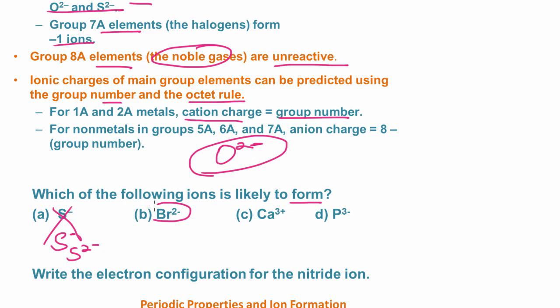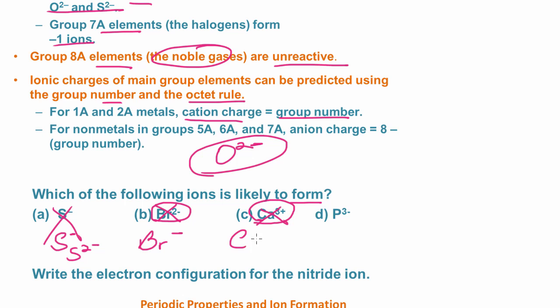Here we have a bromide ion, but with a -2 charge. It's in group 7A. It only needs to gain 1 electron to attain a noble gas configuration. So this would not form, but this one would. Calcium ion is in group 2A, and therefore it would only lose 2 electrons to attain a noble gas configuration.